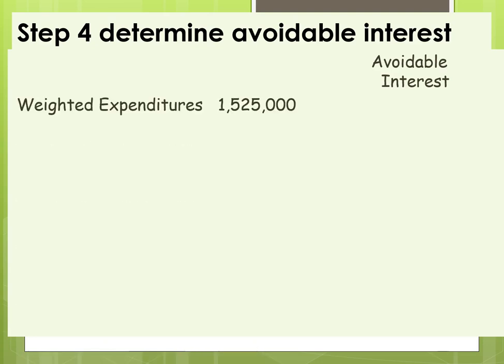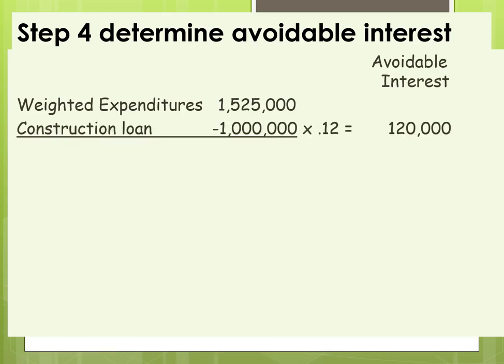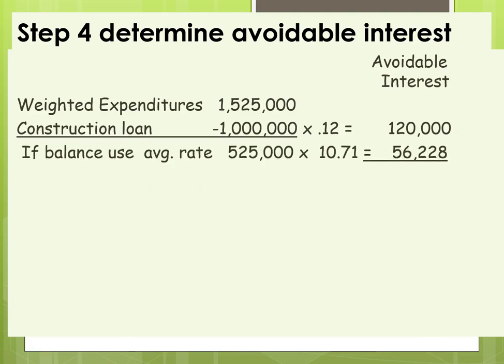Avoidable interest. So we have the weighted expenditures and our construction loan. So we subtract, we know our total weighted expenditures are $1,525,000. We know our construction loan is $1 million, so we subtract that out, and then we take the balance times that weighted average interest rate.